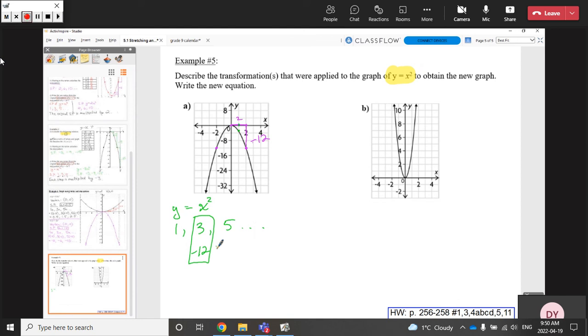Dividing the 12 by 3, and what do we get? Negative 4. So we took this negative 12, divided it by 3, and got negative 4 as our a value. So this quadratic must be y equals negative 4x squared.